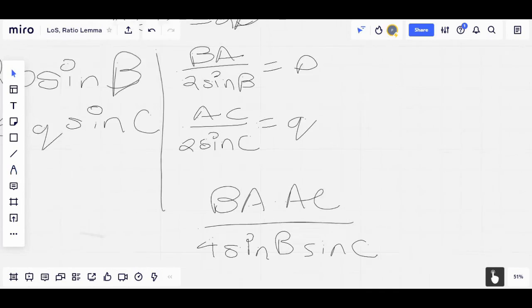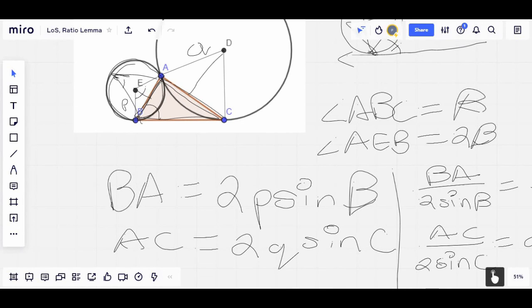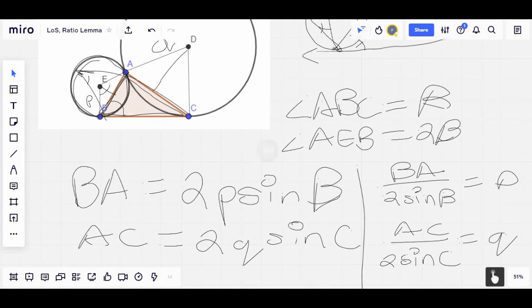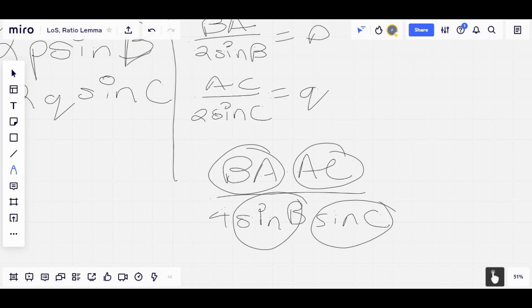Let's go back to the diagram. Remember that by the law of sines, or the extended law of sines, AB divided by sine of C, this angle, equals 2R. Similarly, AC divided by the sine of B equals 2R. So BA divided by the sine of C equals 2R, and AC divided by the sine of B equals 2R.